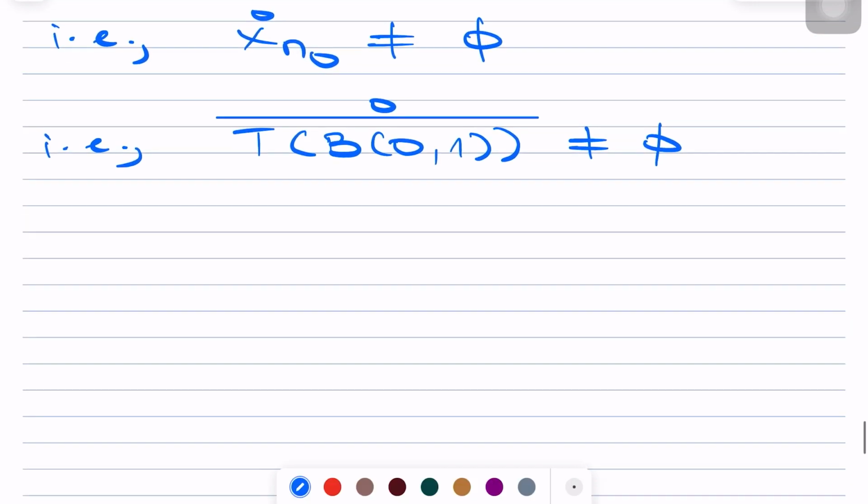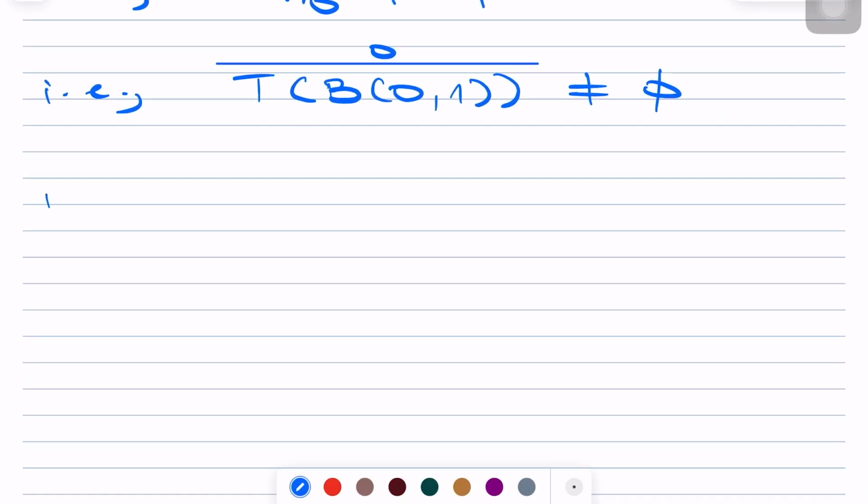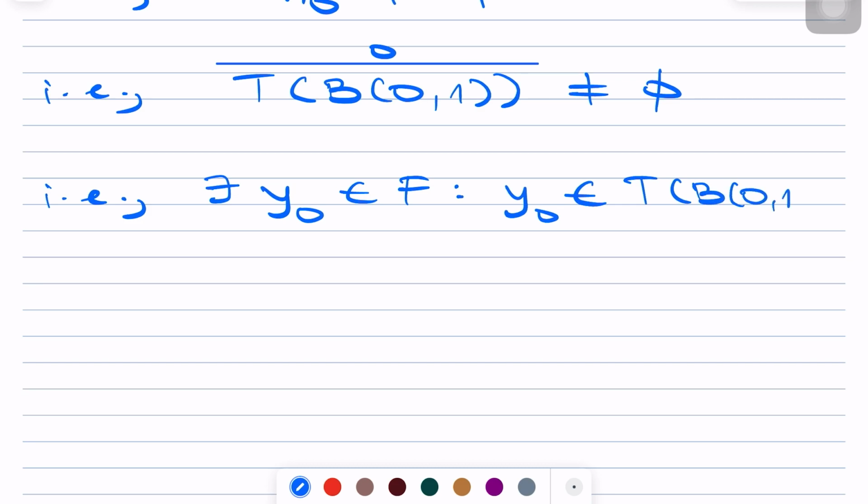So this means that there exists a y0 in F such that y0 belongs to the interior of the closure of T of the unit ball.